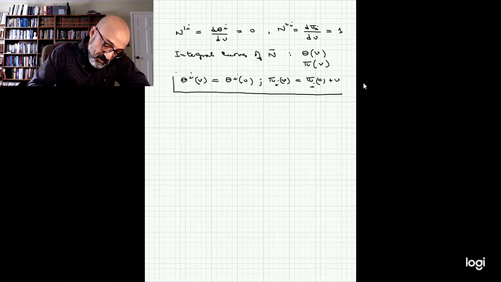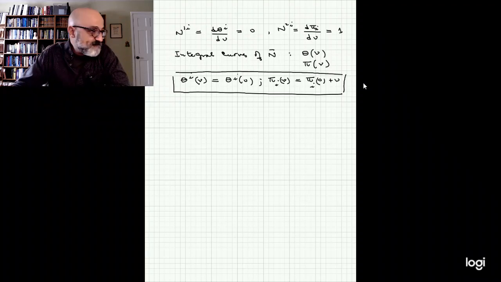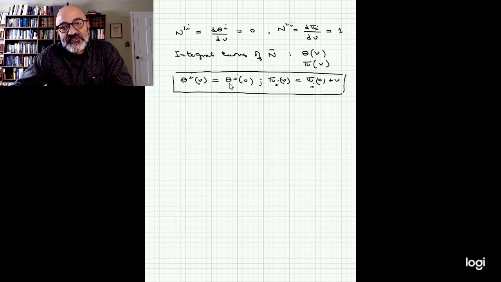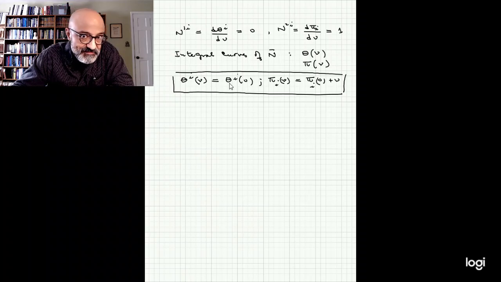So what this is telling us is that the integral curves of this vector, the normalization vector, are such that if you move in the cotangent bundle in such a way that the probabilities do not change, then the normalization does not change, obvious.